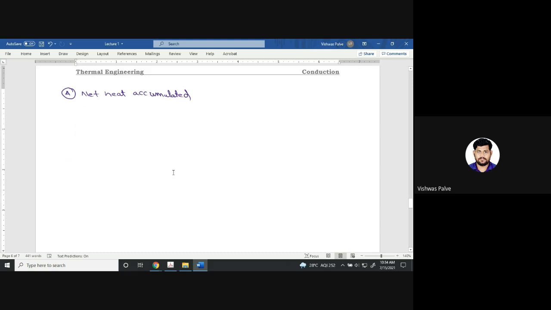So now that we can write heat influx. Now in x direction, first let us consider the x direction. In x direction, there will be heat influx, which is going to enter the body.